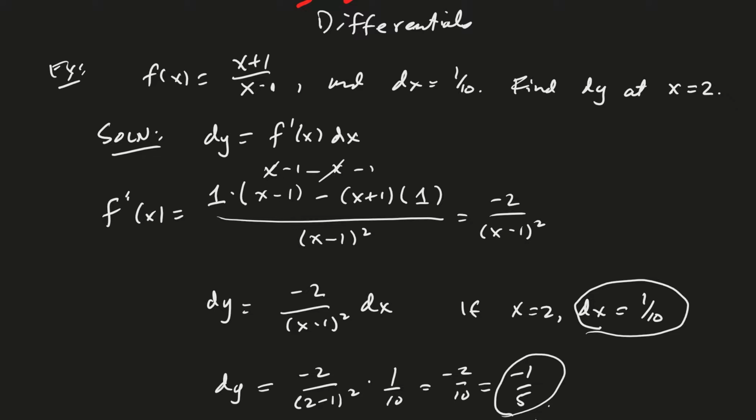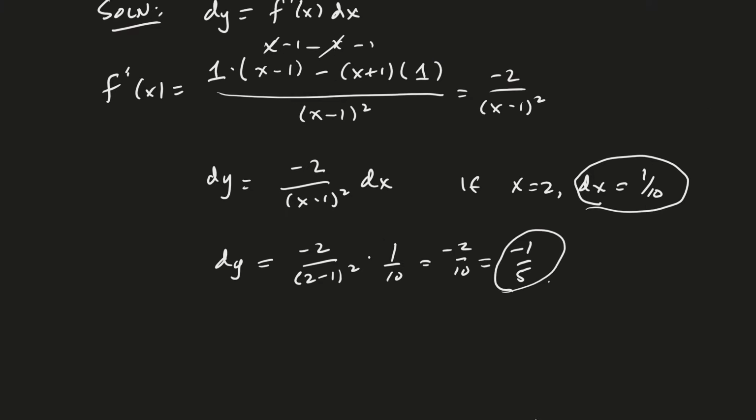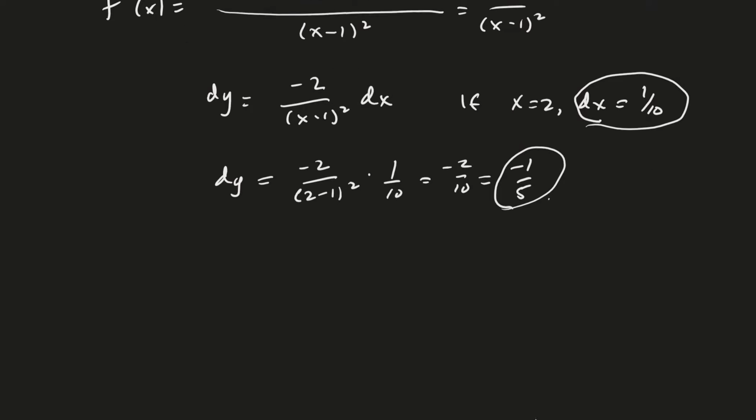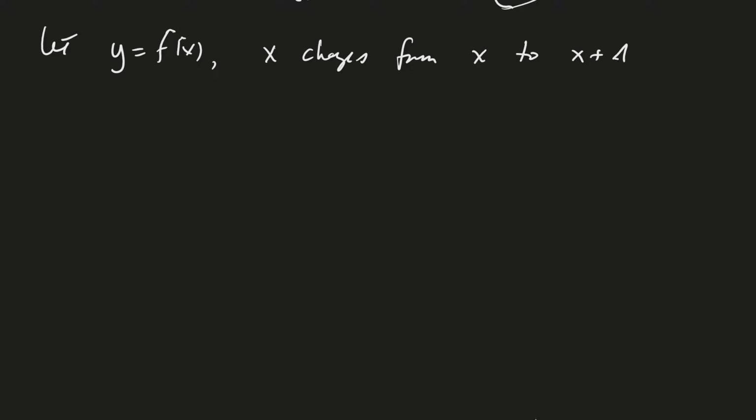Now, how do dx, dy, delta x, and delta y all come together? Is there a relationship between those four things? So let y equal f of x, and x changes from x to x plus delta x.